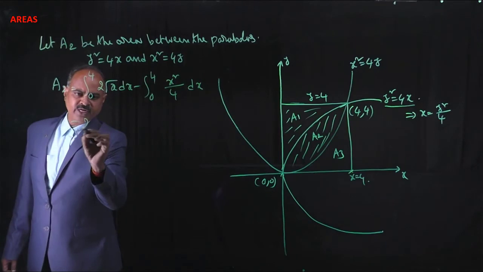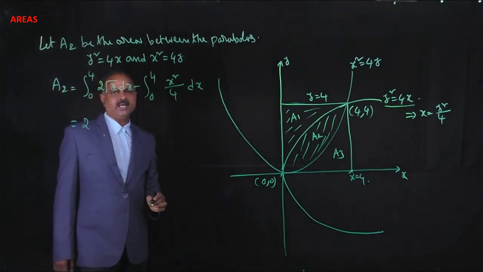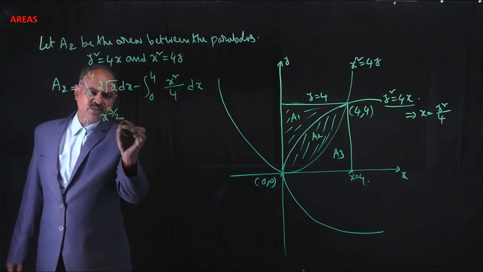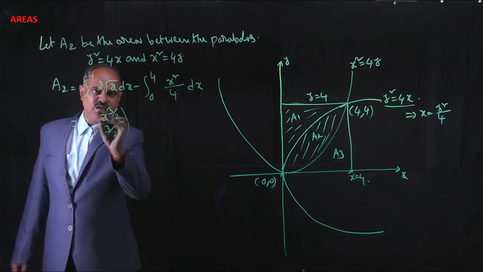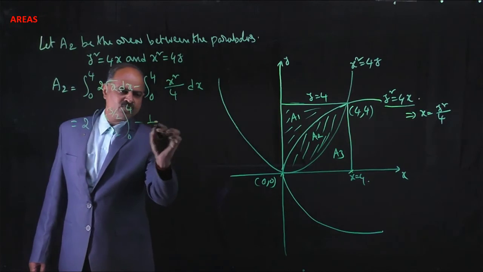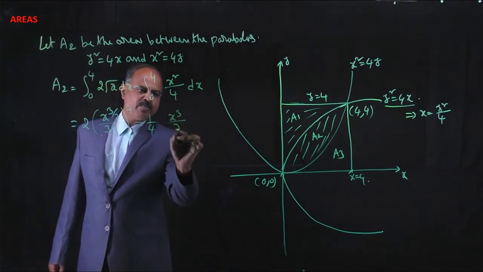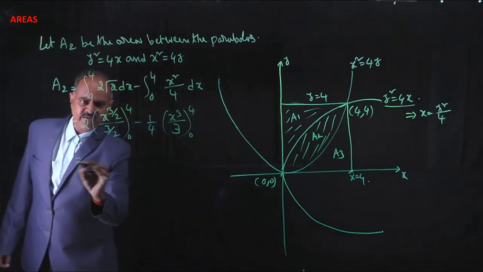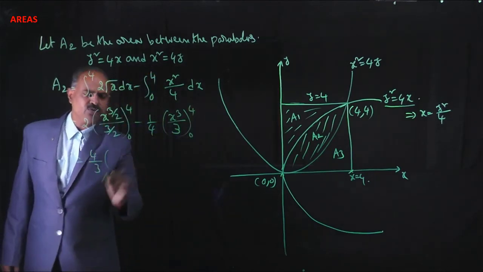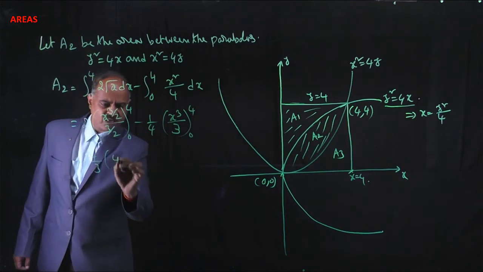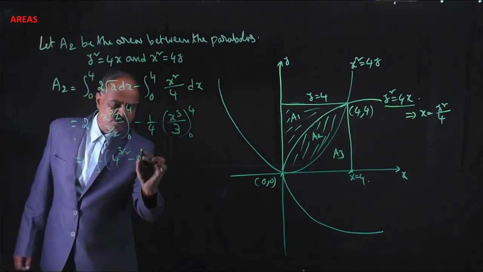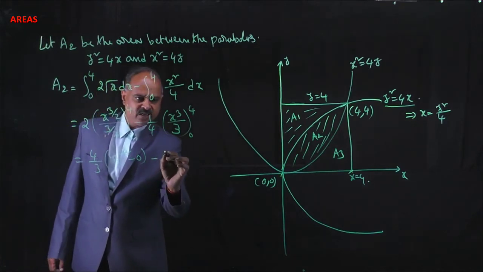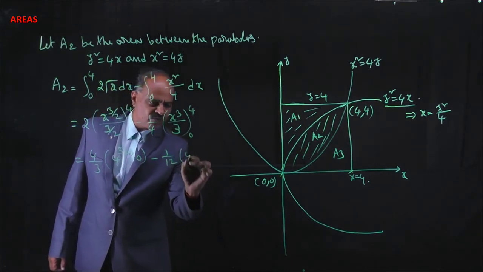Now we know that the integral of root x dx equals x power 3 by 2 by 3 by 2, limits 0 to 4, so 2 into that, minus 1 by 4 into x cube by 3, limits 0 to 4. That is equal to 4 by 3 into 4 power 3 by 2, minus 1 by 12 into 4 cube.